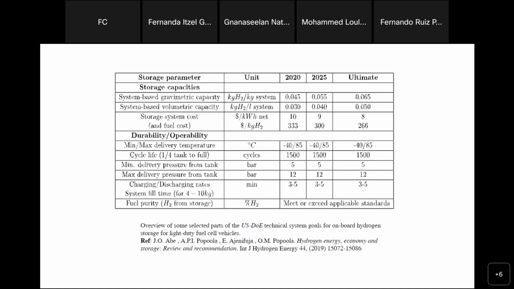For the durability and operability of the system, the decomposition temperature must be between -14 degrees Celsius and 85 degrees Celsius, and the storage system must present 1500 cycles. For charging and discharging, the system must have a short time, so the charging rate and discharging rate must be between 3 and 5 minutes.